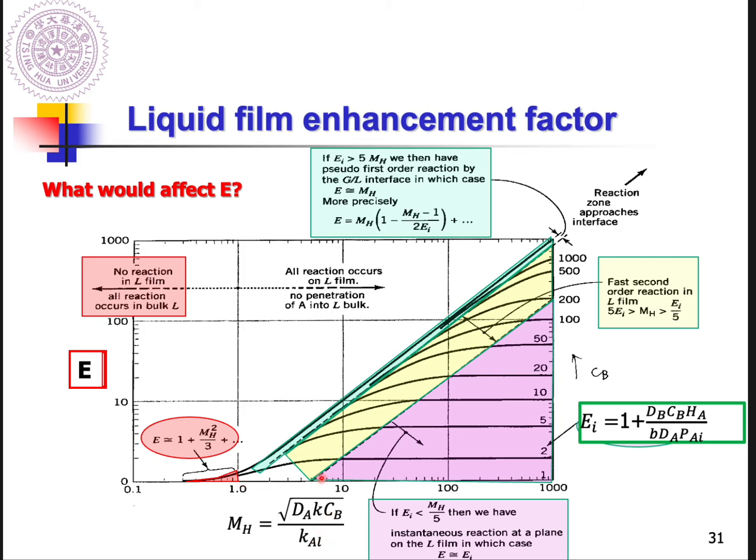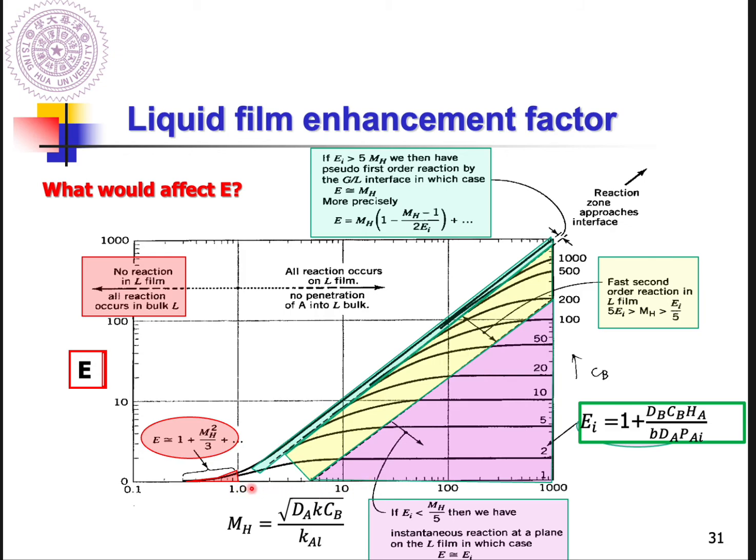So increasing MH means what? In the film layer, the chemical reaction happens faster than mass transport. Based on this concept, you find there are different regimes expressed in different colors, starting from instantaneous. Yes, you got the higher MH, right? Faster reaction, and this is a fast reaction at the high CB case. This is a fast reaction at the low CB case, and this is a fast reaction at the high CB case.